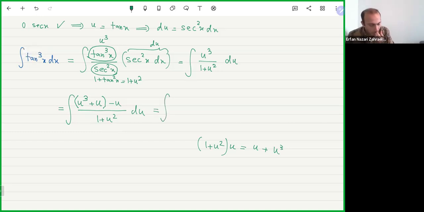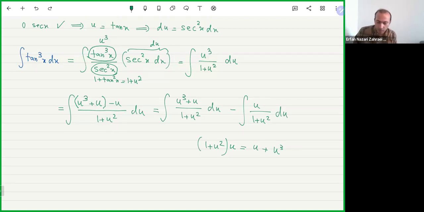So one package is u cubed plus u over 1 plus u squared. Another package is minus u over 1 plus u squared. So it's like two separate integrals that we need to compute.